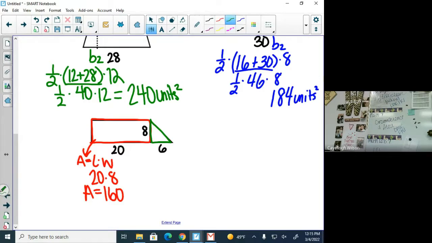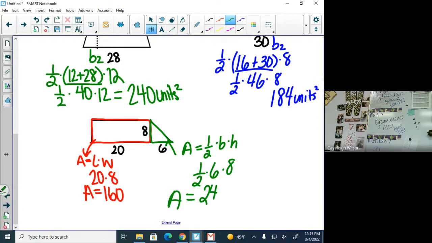This is a triangle, and area of a triangle is 1/2 times base times height. So 1/2 times the base, which is 6, times the height, which is 8. So that is 24. And then I'll add them. So the area for that whole entire figure is 160 plus 24. So that's 184, and that's units squared.